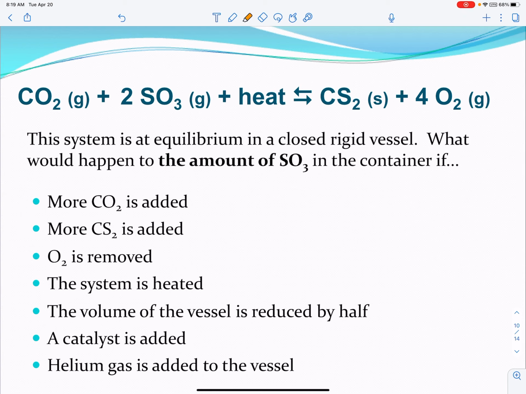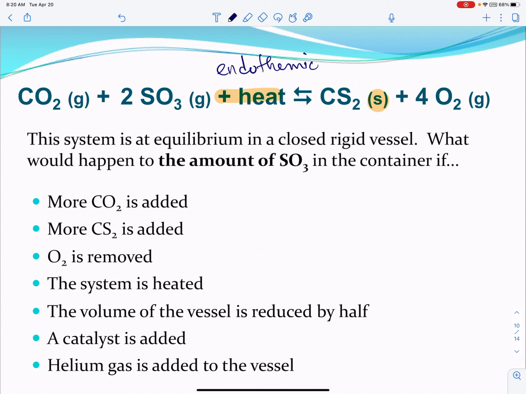You notice that this is a heterogeneous equilibrium. There's a solid present. The product CS2 is solid. Everything else is gas. Now this equation has the word heat written on the left-hand side of the equation. You might want to note for yourself, when the word heat is written on the left like this, then this is an endothermic process.